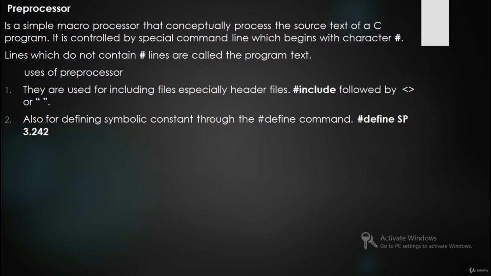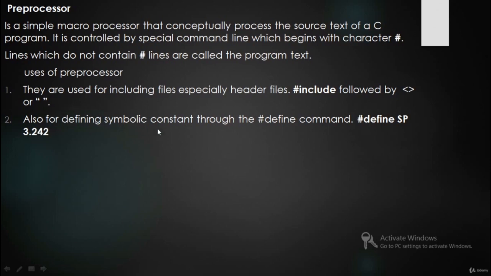Now let's look at some of the uses of the preprocessor. They are used for including files, especially header files. For instance, you can use hash include, followed by the less than and greater than signs or quotation marks.